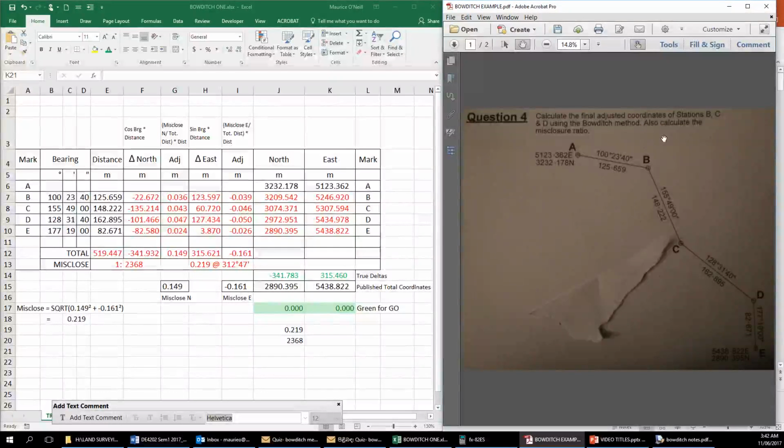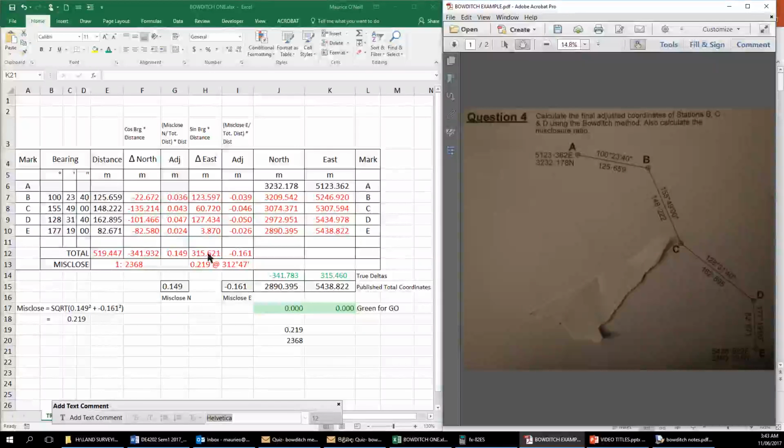And so yeah, there we are. We had our little problem. We keyed in our bearings and distances. We've worked out our deltas, applied them to our known coordinates to get our differences.